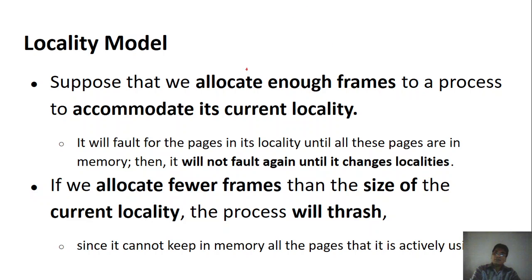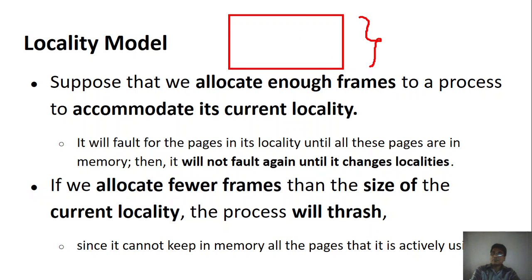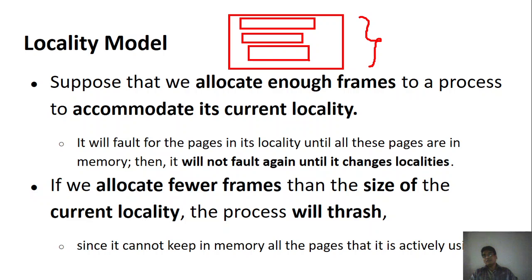In other words, when your program is executing, it has some locality, and all the pages within that locality should be in the memory. If all the pages are in the memory for the given process, it will not generate a page fault. If there is no page fault, there is no chance of a thrashing situation. It's as simple as that.